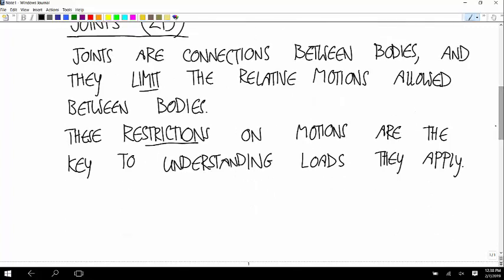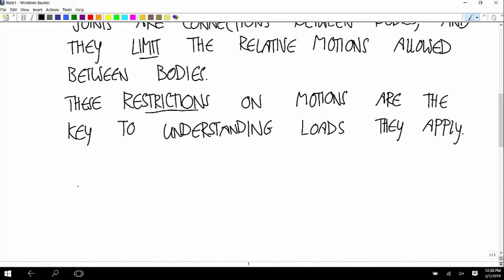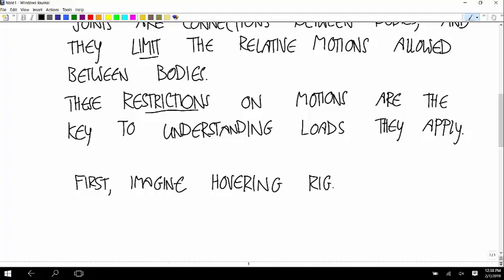Okay, so let's start out by imagining a rigid body that's hovering in space, not touching anything, so not connected to any joints. Imagine a hovering rigid body in 2D.